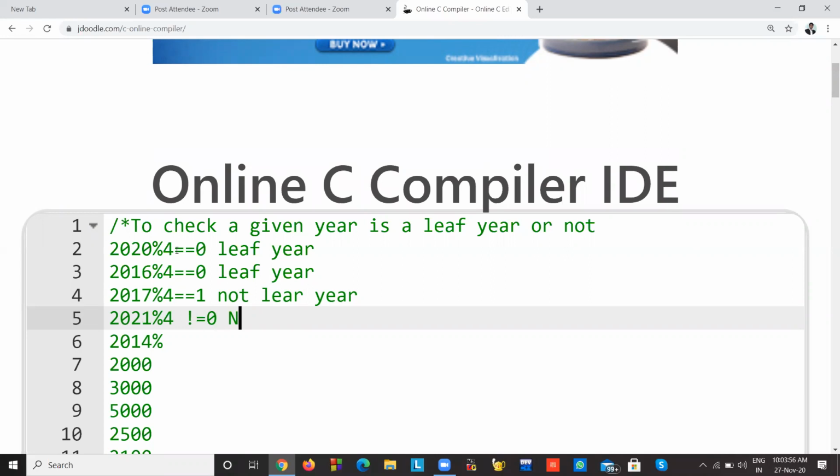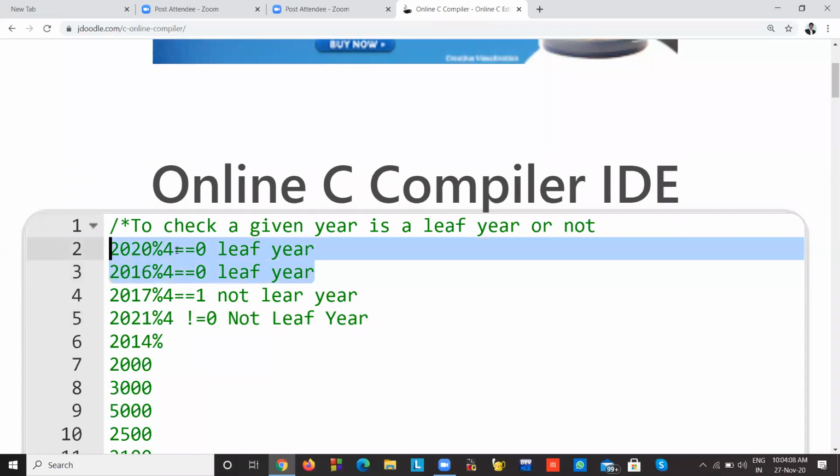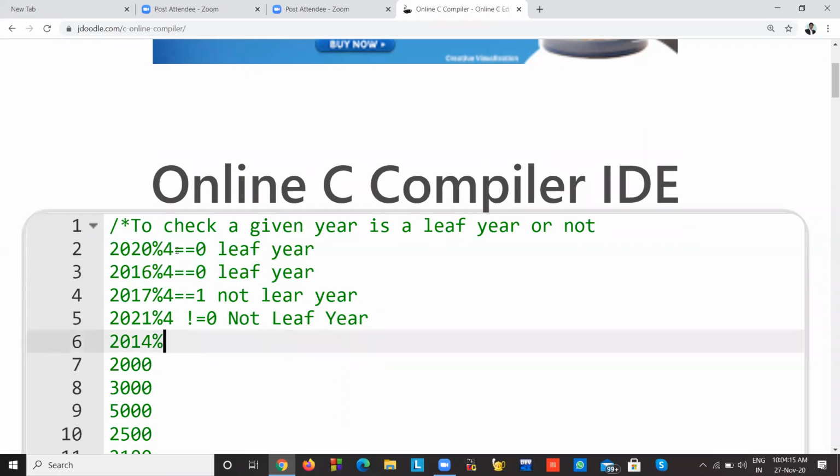So this is also not a leap year. You joined and you pass out in non-leap years only. Your seniors joined in a leap year and their pass out is also a leap year. What a fancy number, 2016 and 2020.